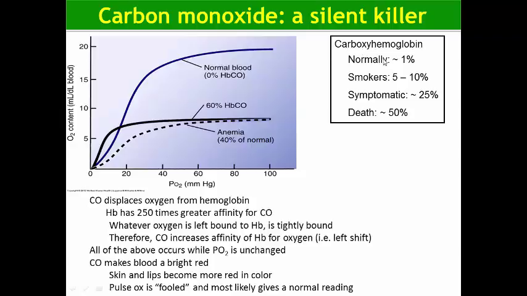Normally, 1% of hemoglobin is present in the form of carboxyhemoglobin. Of course, in smokers, the percentage of carboxyhemoglobin is greater than normal, 5 to 10%. And symptoms begin to appear when the percentage of carboxyhemoglobin is around 25%, and the subject would die if 50% of the hemoglobin is in the form of carboxyhemoglobin.